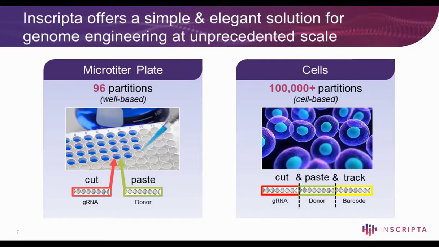So the core and fundamental, simple yet very elegant concept is the ability to covalently link guide RNA with donor DNA and a barcode for tracking. We are thus moving away from a well-based partition to the single-cell partition. So normally, you would add the guide RNA and the donor template as two separate molecules. And in order to make sure that they are both transformed into the same cell, you would need to have vials or wells as the partition.